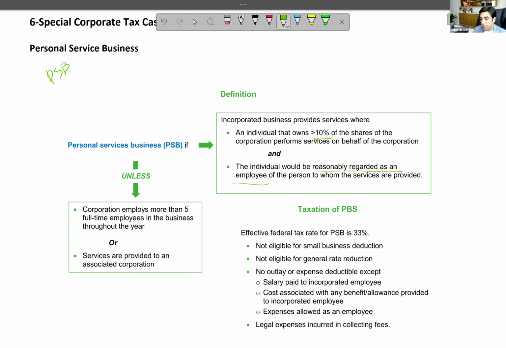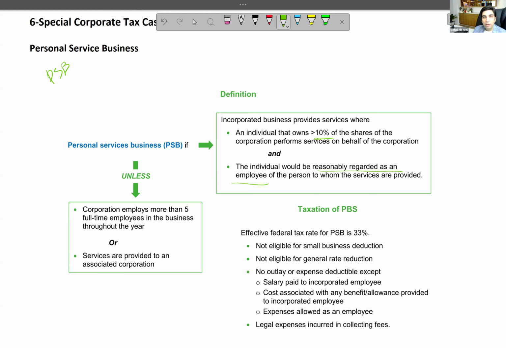So if the person is reasonably considered an employee based on those rules, then if they invoice the corporation instead of getting salary from the corporation, they will be covered under the personal service business. This corporation is called the personal service business corporation. In this case, some serious consequences happen.